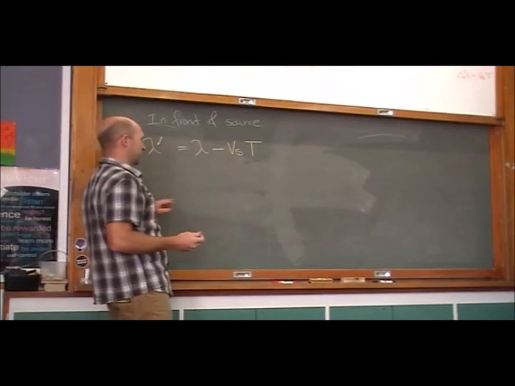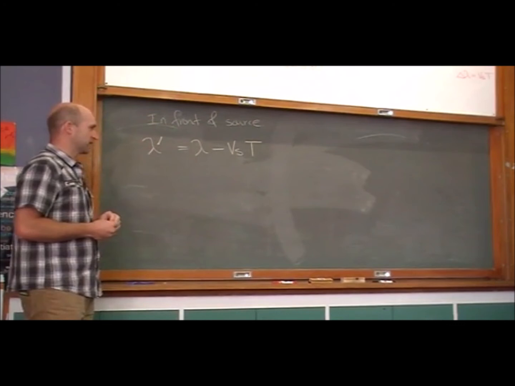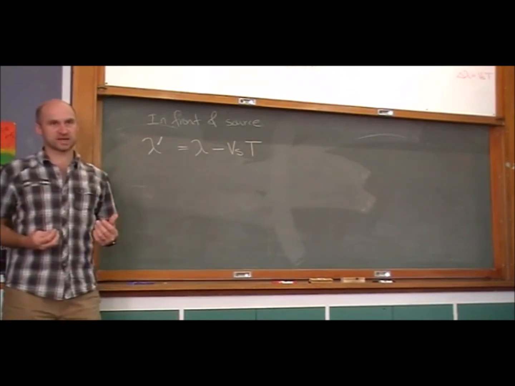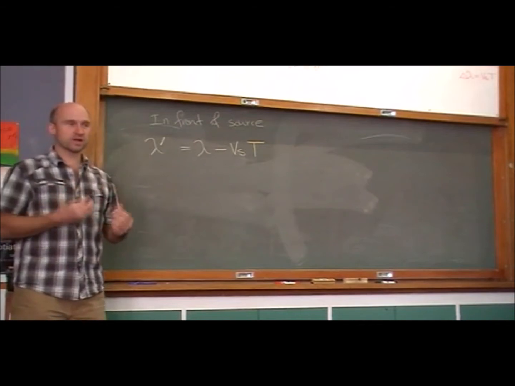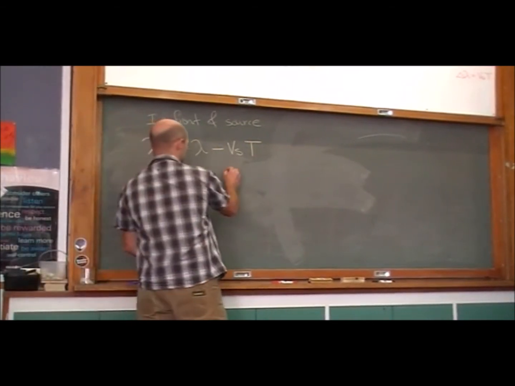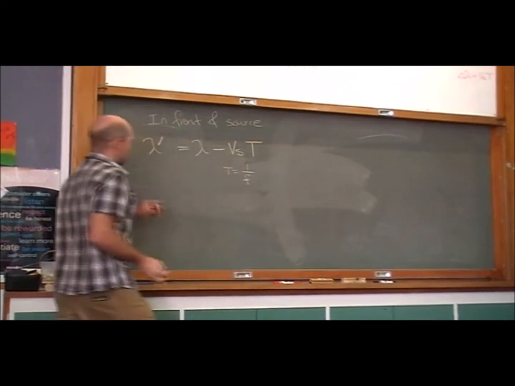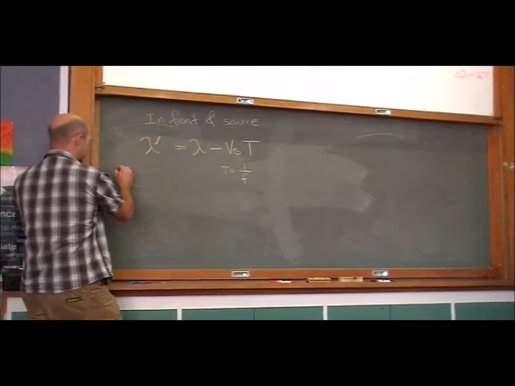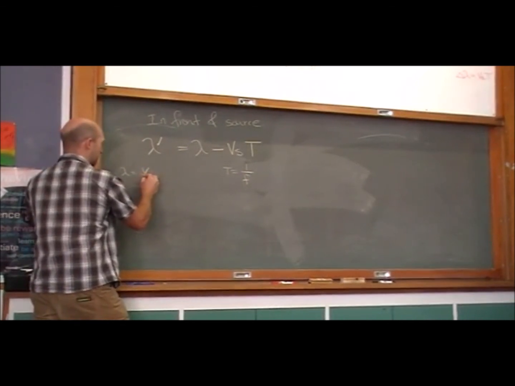And thinking about the period of the wave, how can we rewrite period? 1 over f. So T is 1 over f. And also we know that lambda is v over f.